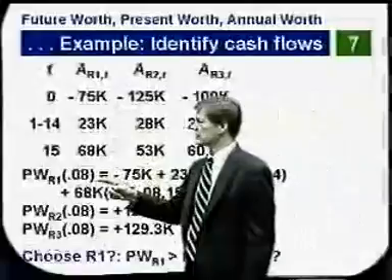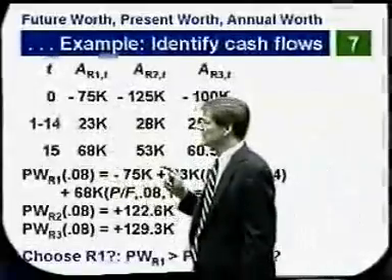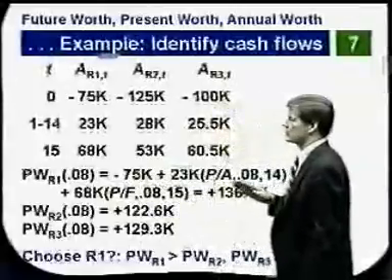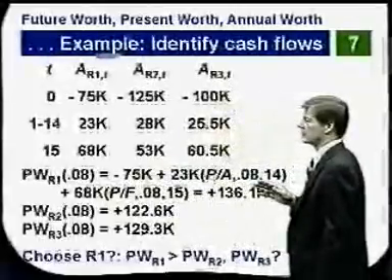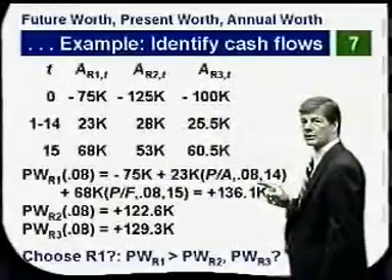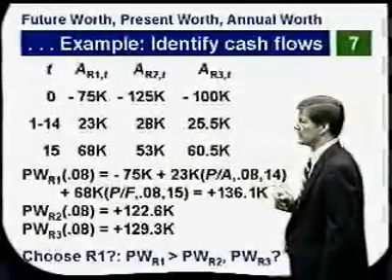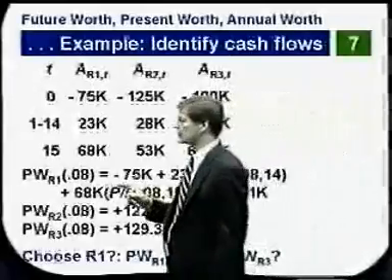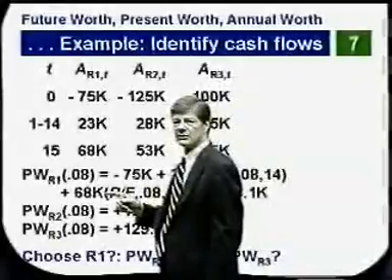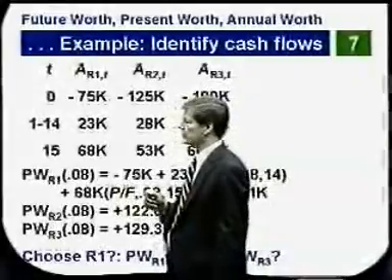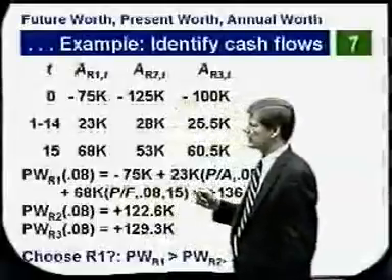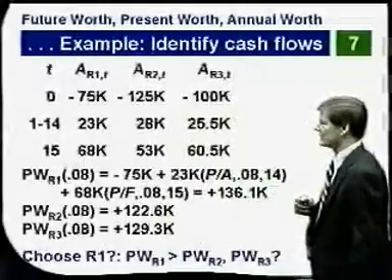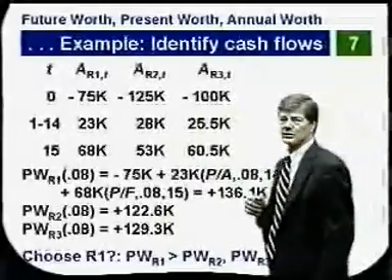The present worth, when I can invest funds at 8% per year, is the $75,000 at time 0 plus the present worth of the uniform stream of $23,000 each year for the next 14 years, discounted at 8% per year, plus the last cash flow of $68,000 in the 15th year, moved back to a present sum at time 0, and I can discount cash flows at 8% per year. When I do the calculations, I end up with $136,100.